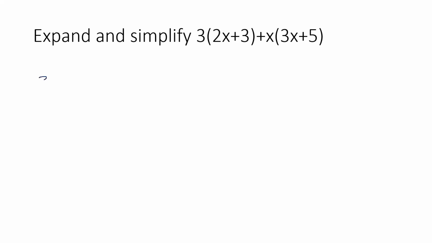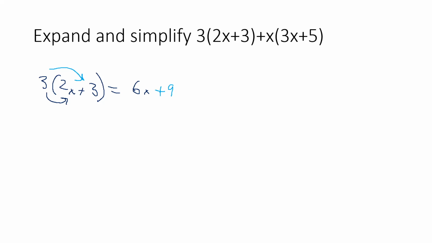So 3 times 2x plus 3 is the same as, what's 3 times 2? 6x. And what's 3 times 3? 3 times 3 is simply equal to 9.